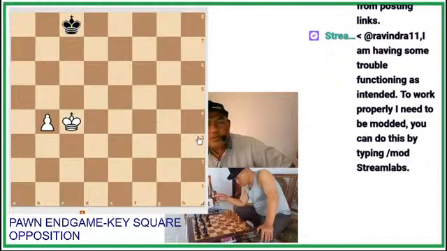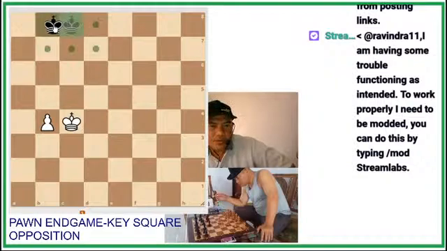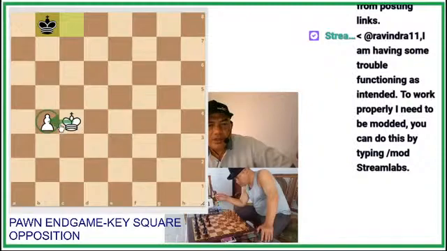So what is the best move? The best move for black is to go to e8 because white cannot go here, because his pawn is blocking him from doing the opposition.